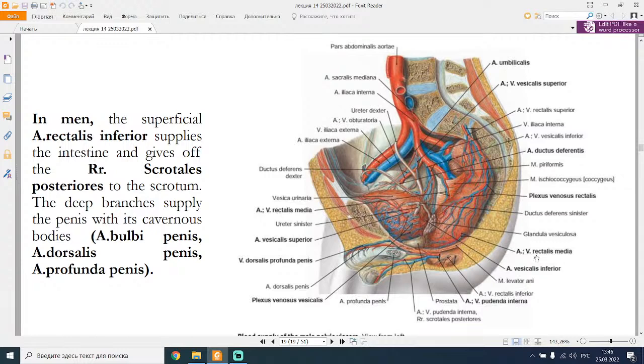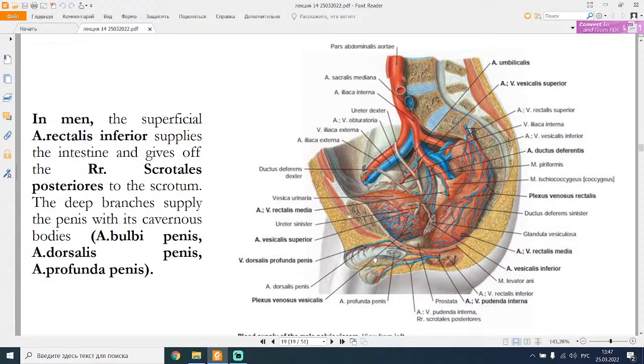In men, the superficial branches: arteria rectalis inferior supplies the intestine and gives off the ramus scrotalis posterior to the scrotum.